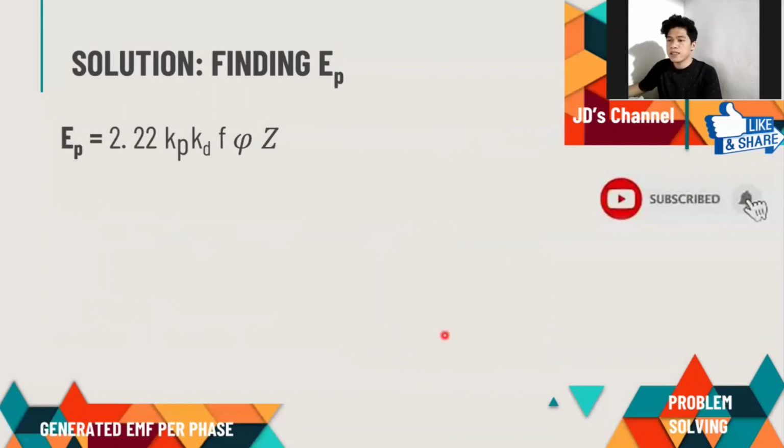And then next is finding the E phase, or the generated EMF per phase. We just substitute the KD we got, our Z, and since KP is given, and frequency and flux are also given.